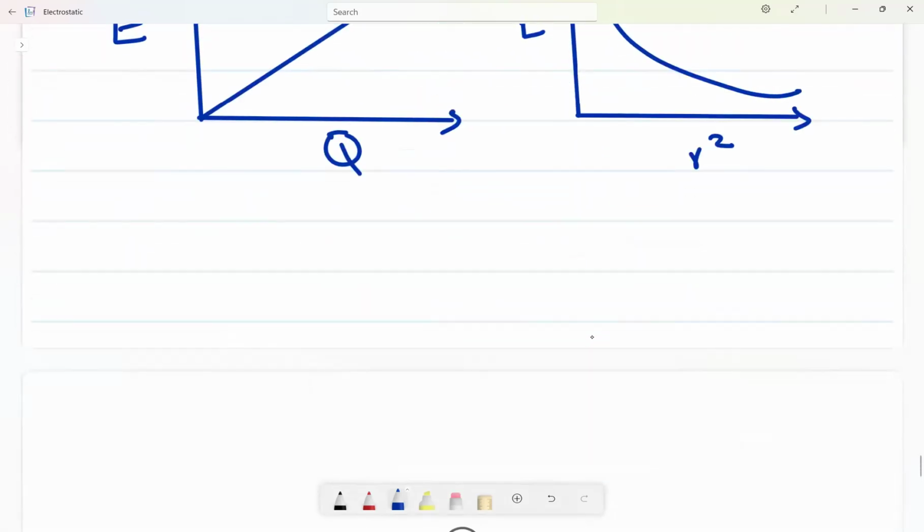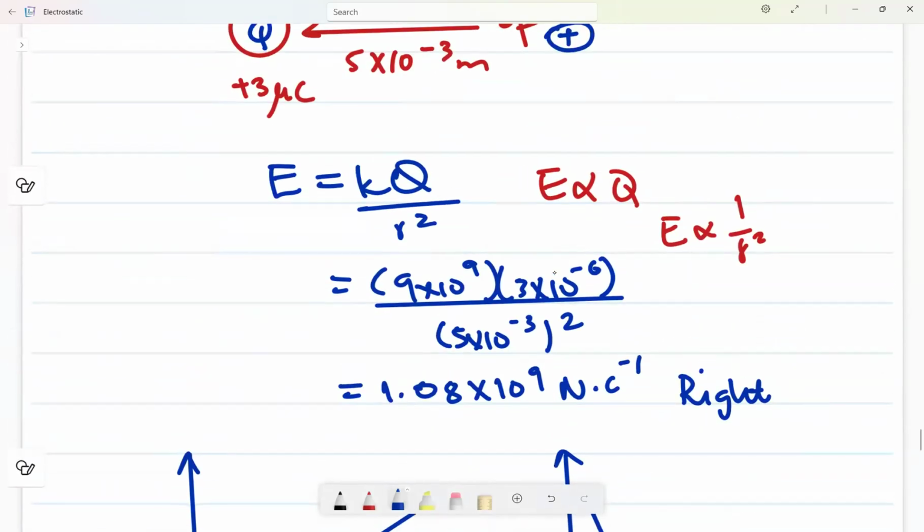But what if we plotted electric field against 1 divided by r squared? Now I want you to note this part. This one says E is directly proportional to Q. This sign tells you it is directly proportional to Q, hence you have a straight line.